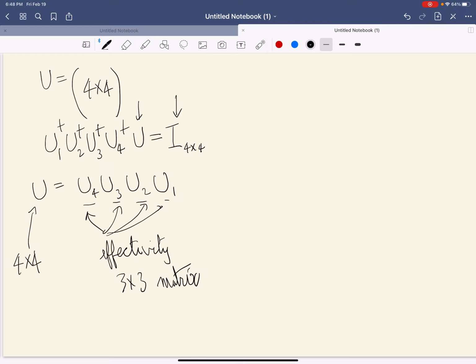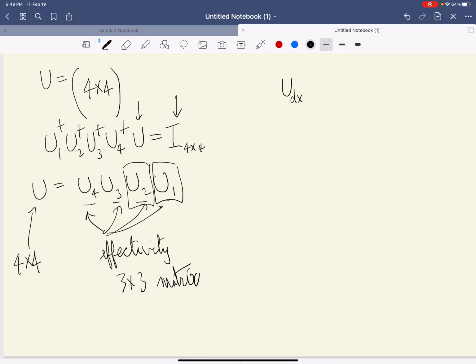And then you can apply the previous logic to each one of these and reduce this 3 by 3 matrix into a product of 2 by 2 matrices. Okay, so this way we have actually shown that, let me write this in a slightly more formal way.